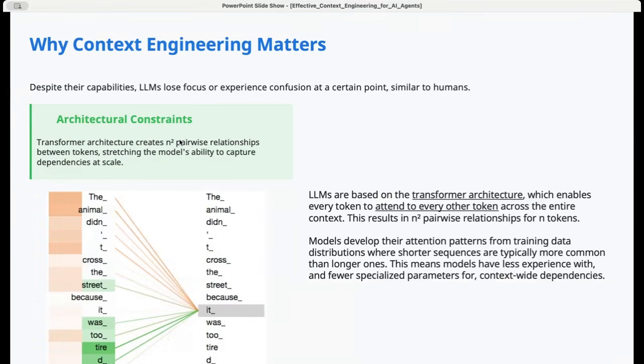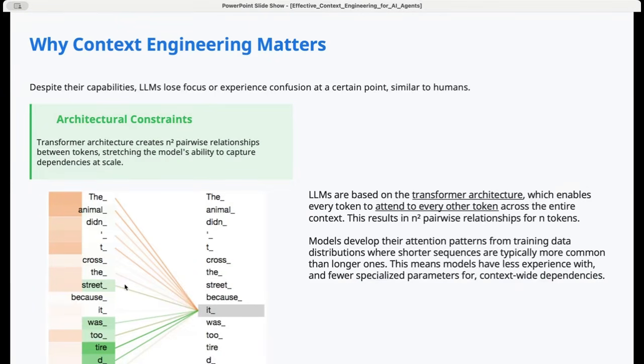The third limitation of the LLM, I think, originates from the transformer architecture. We all know that with the self-attention mechanism, each token is going to pay attention to all the tokens within the context window. And it's also multi-headed. For example, the orange is one attention head and the green is another attention head.